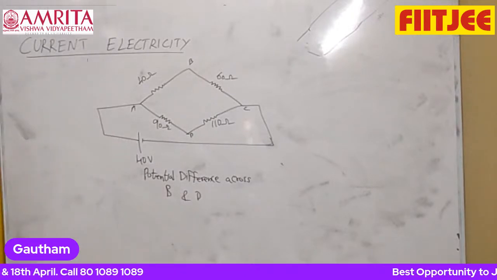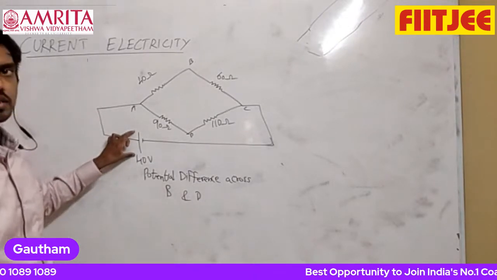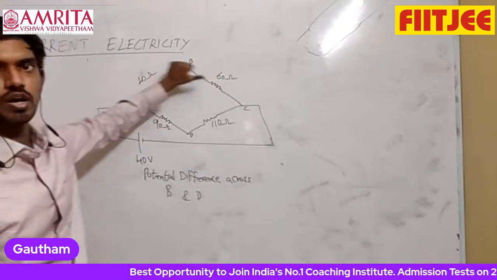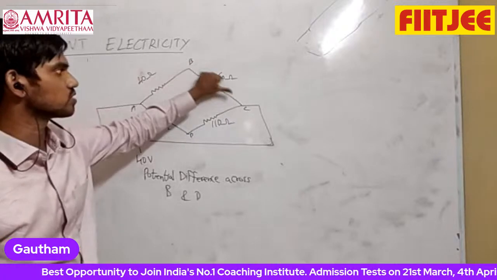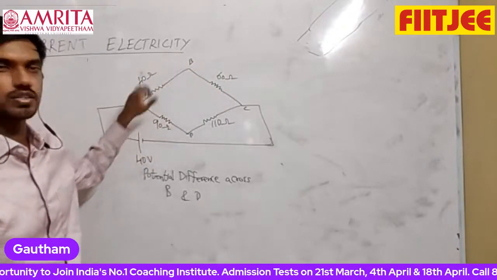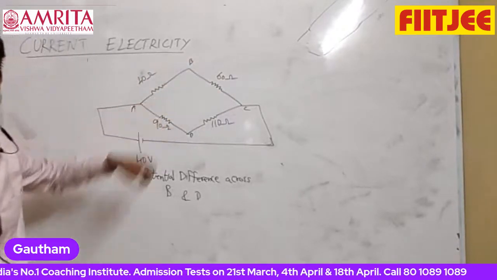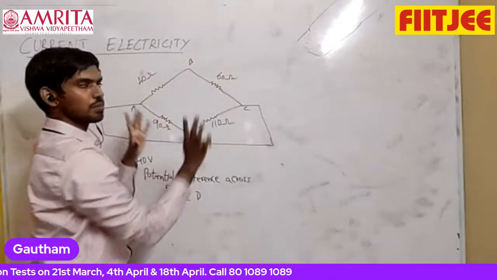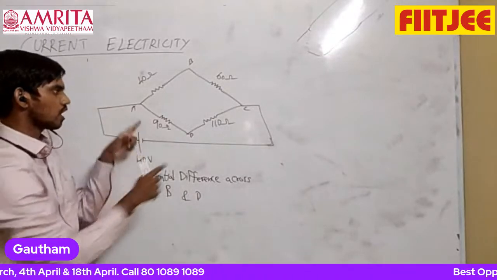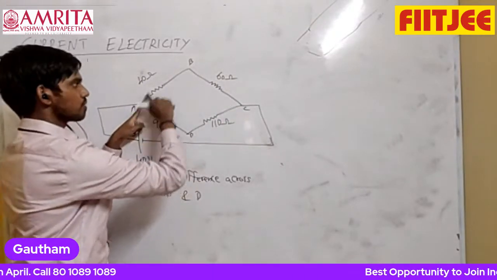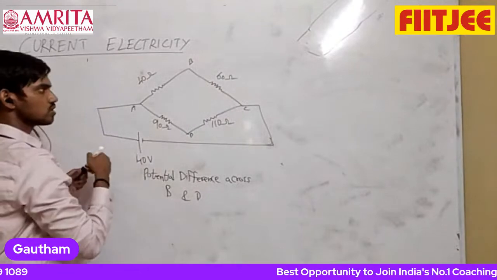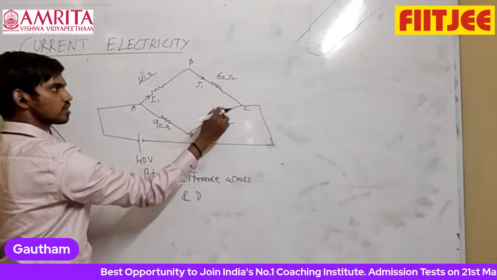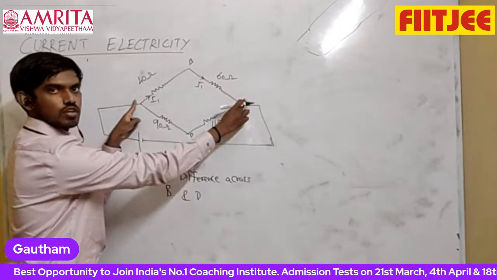How to approach this question? First you can simplify. This battery is connected into two branches. In the above branch you have one resistor, and these two are in series, because the same current is flowing through them. Whenever you have multiple parallel branches, you can find the current in each separately. 40 volt is applied across these two points, so if some current I1 is flowing here, the same current I1 is flowing here, and the total potential drop is 40.